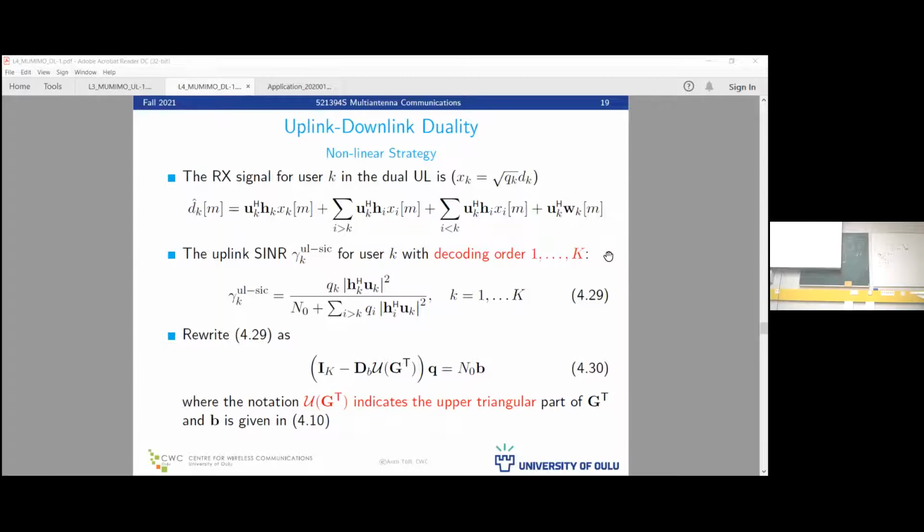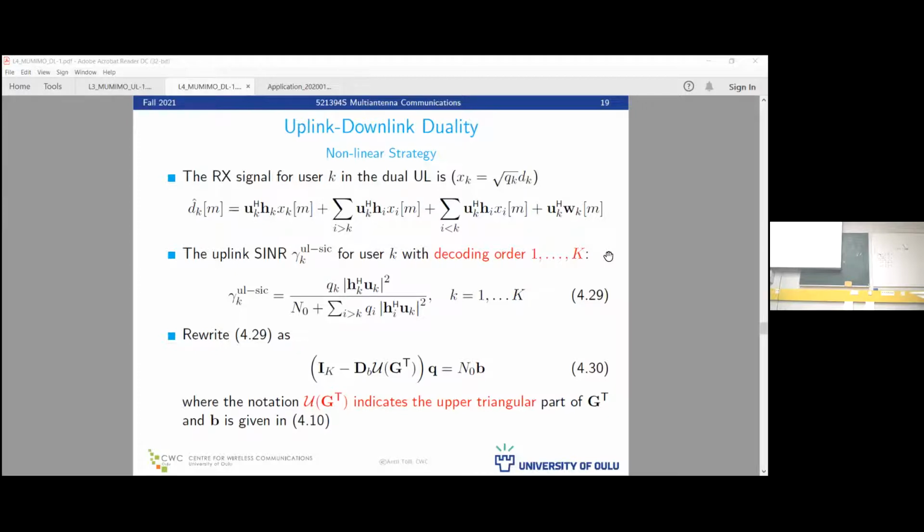Now, since d1 is already decoded, it can be subtracted from the received signal. So we can subtract h_k q_1 d1, right? So from the user 2 perspective, user 1 is not there anymore. The interference is from user 3. That's the MMSE-SIC structure.